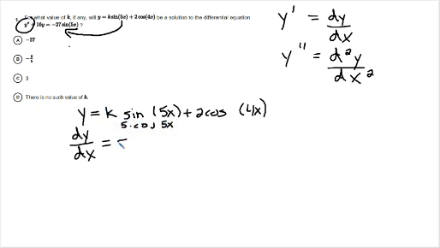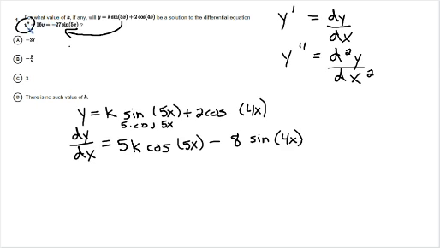So that means this is going to be 5k cosine of 5x. This is not going to be plus, this is going to be minus, because the derivative of cosine is negative sine. So that will turn into minus 8 sine of 4x, because we do the chain rule, multiply by the 4, and that gets multiplied by the 2.